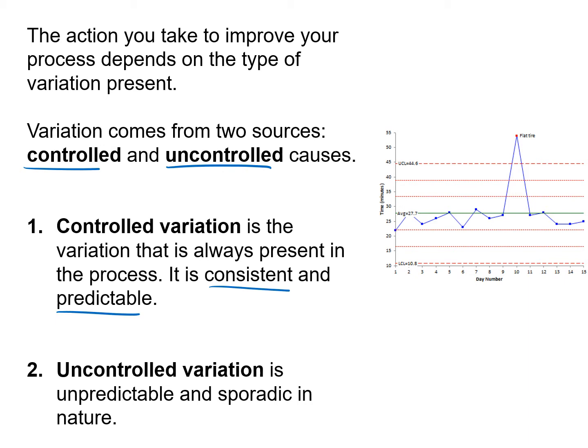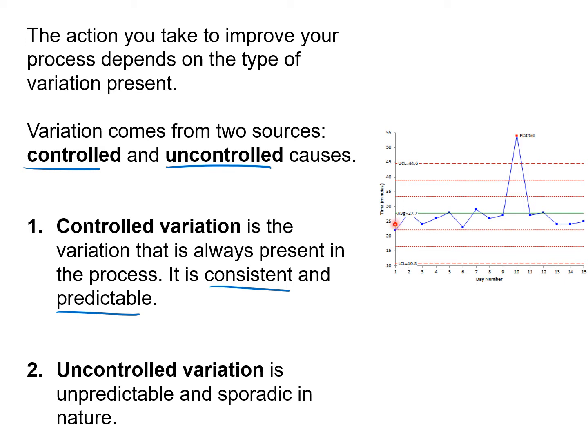So for example, in a controlled process, like maybe you're baking some bread, your thermostat on your oven might go up and down a little bit. You're trying to be at 350 degrees, but maybe it's going down to 345 sometimes. Maybe it's going up to 350. But a little bit of variation is not a big deal.